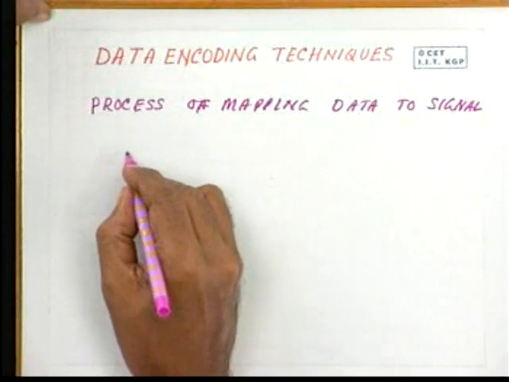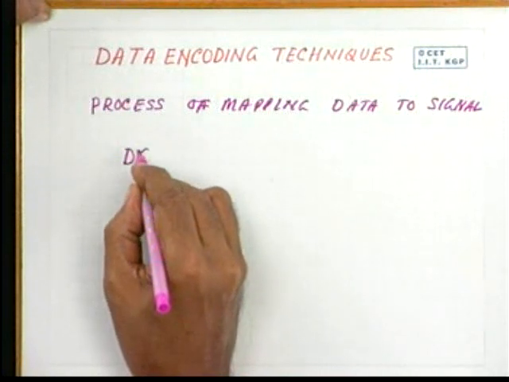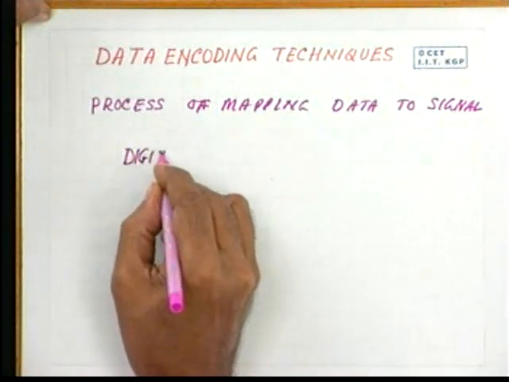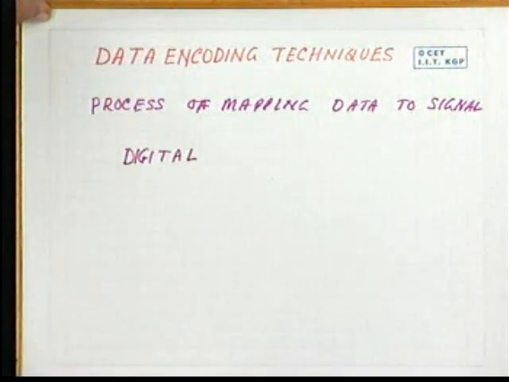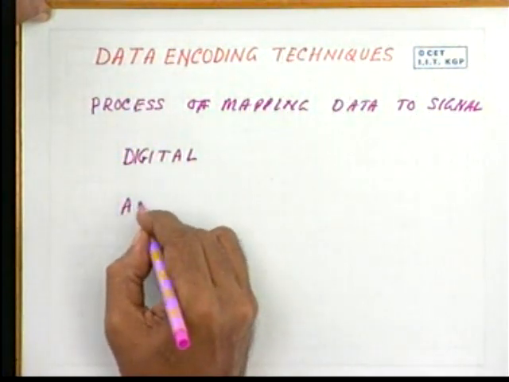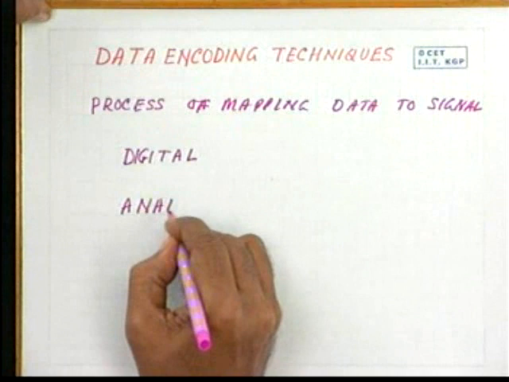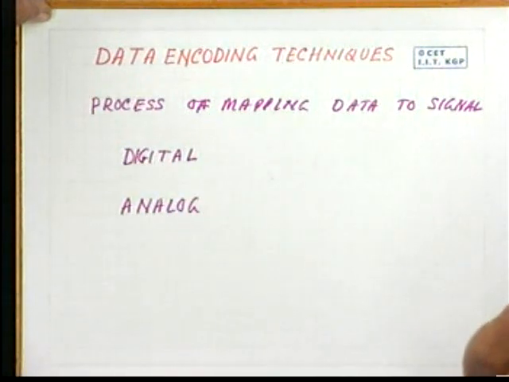We know that data is available in two forms: digital and analog. The signal also can be of two forms, digital or analog. So, these two together lead us to four possible combinations.